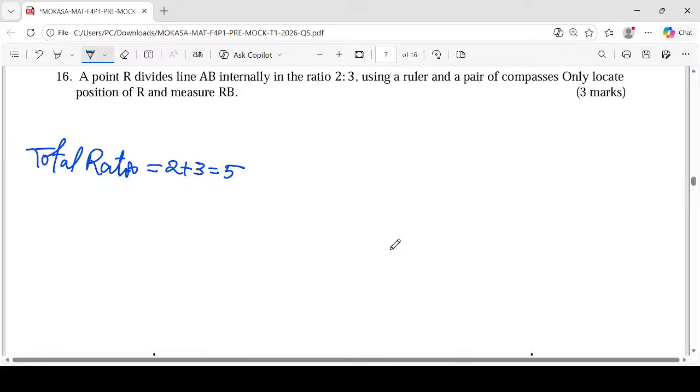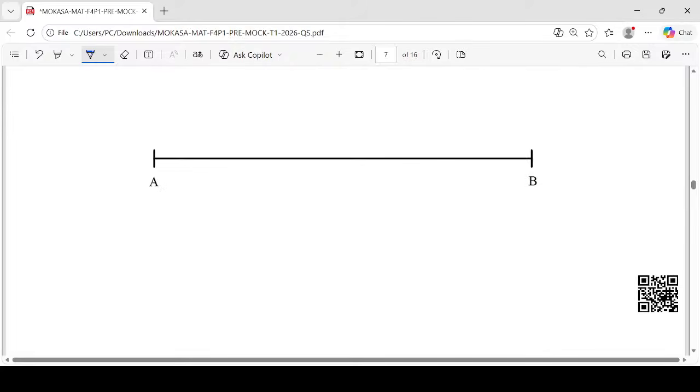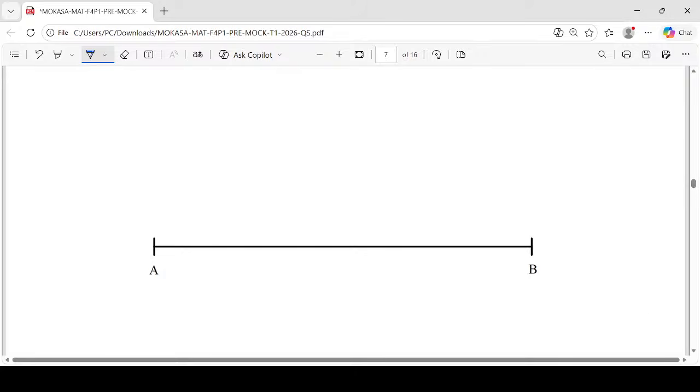So this point R divides the line AB in the ratio 2:3. Because we found the total ratio is 5, once you've drawn the line AB, we are going to draw another line using a ruler, maybe from A this way.